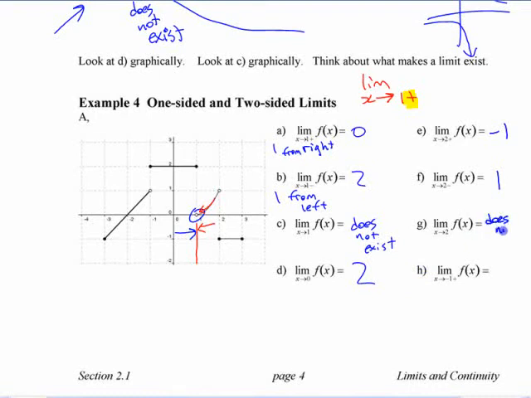So again, this does not exist. And -1 from the positive side, we looked at that one before. As you approach -1 from the positive side, that limit is 2, because that's how the function's behaving as you come from that side.